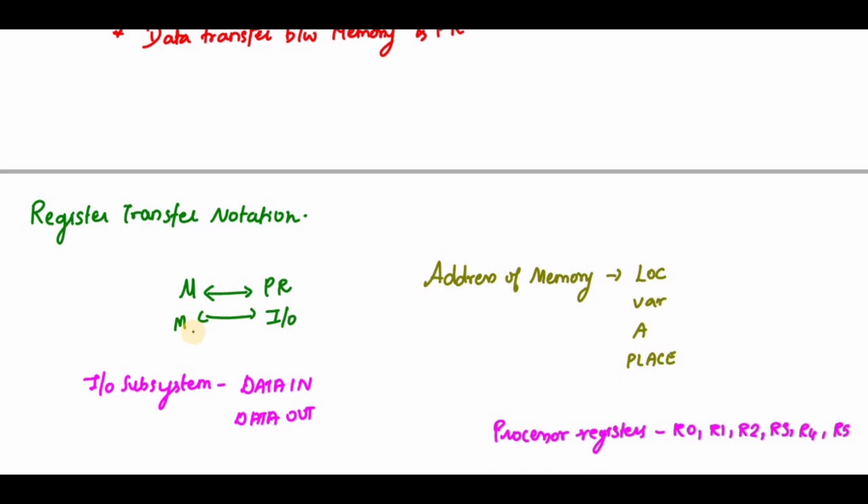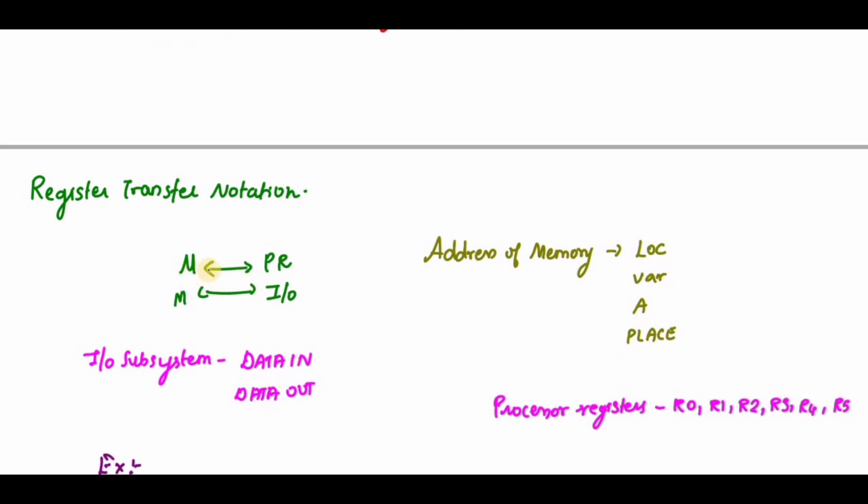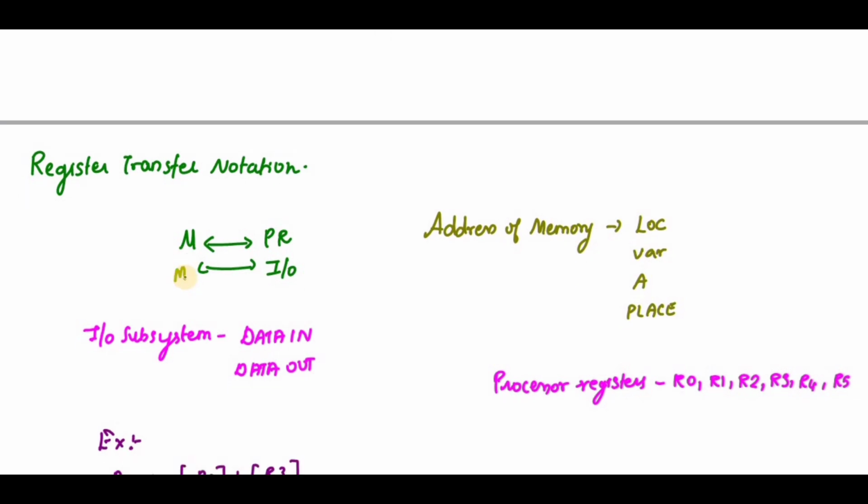Therefore, it is necessary to transfer the data from the memory to the program register. You can see there is a bidirectional transfer from the memory to the program register and from the program register to the memory.